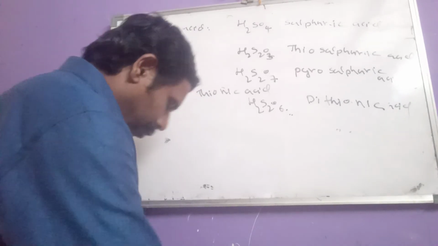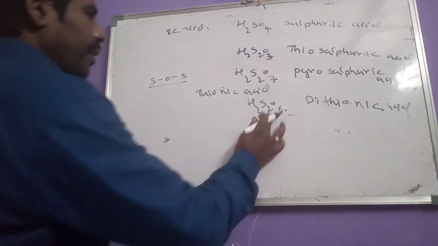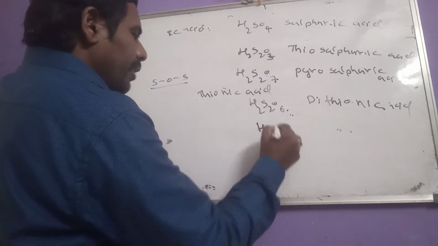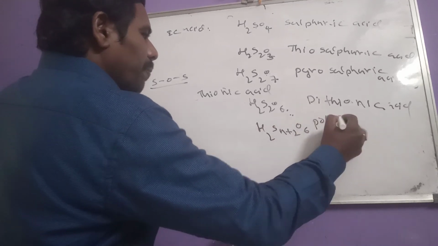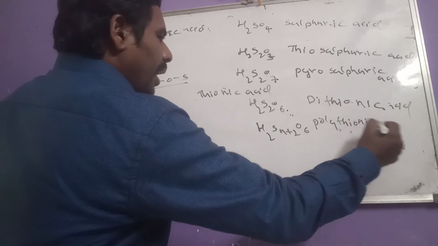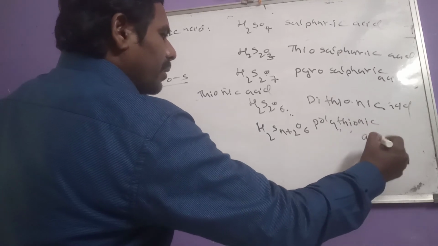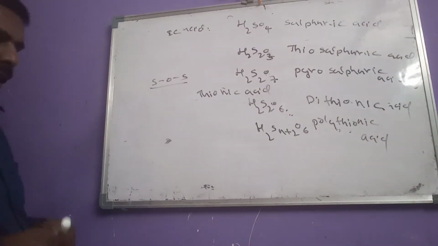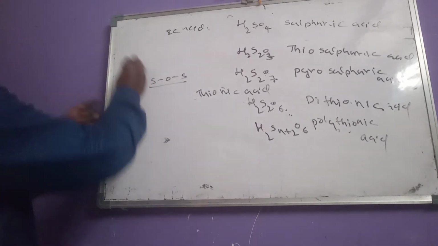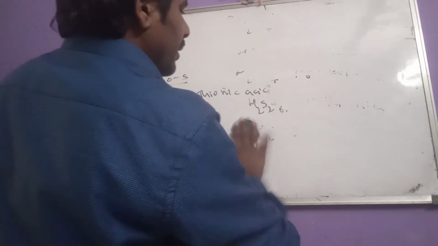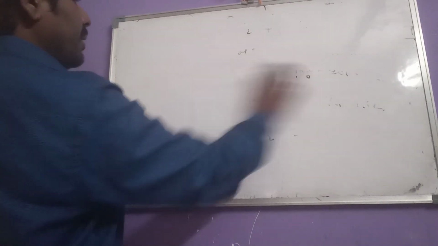And if you write many number of sulfur atoms here, H2S(n+2)O6, known as polythionic acid. And last series is there, that is the peroxy acid series.